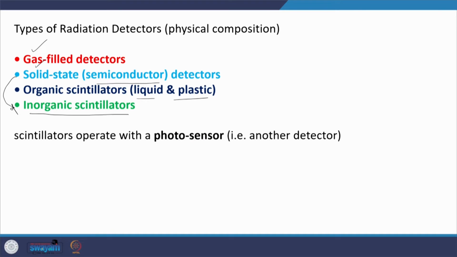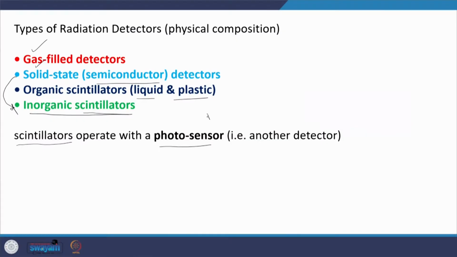Mainly we prefer scintillators for the detection of gamma rays, and many times for neutrons as well, which operate with a photosensor, because a material which scintillates is a material which gives photons, normally in the visible region. They are called scintillators, and to detect these scintillations, that means optical photons, one needs to use an optical photosensor.